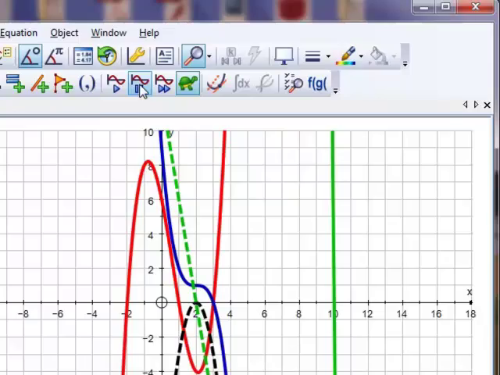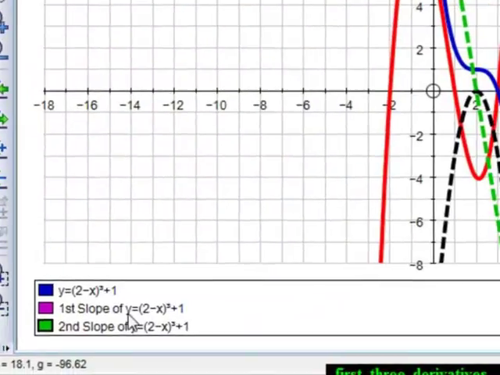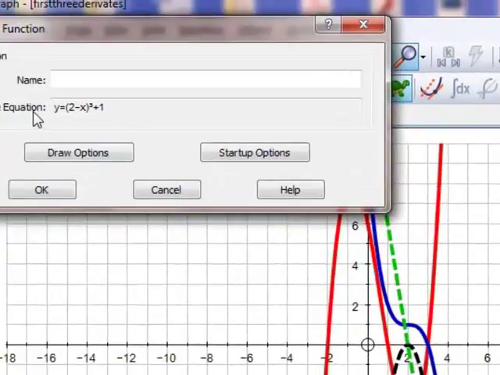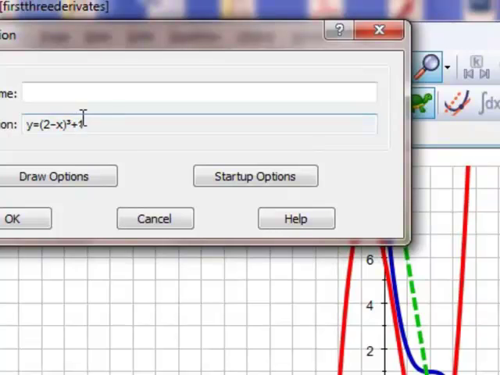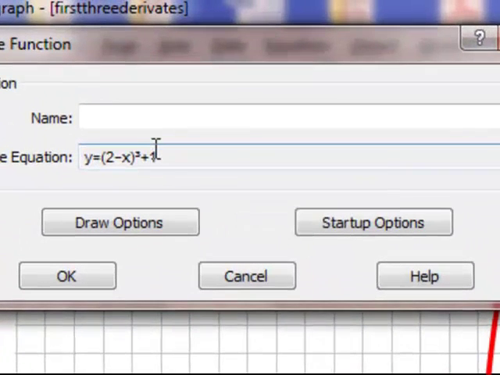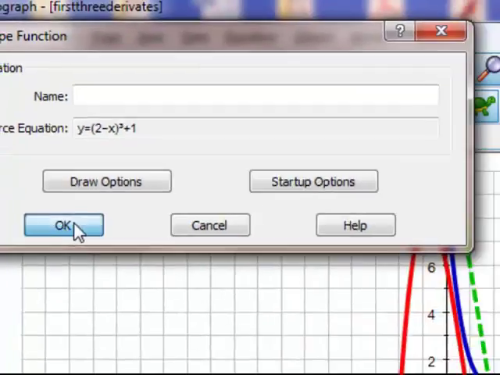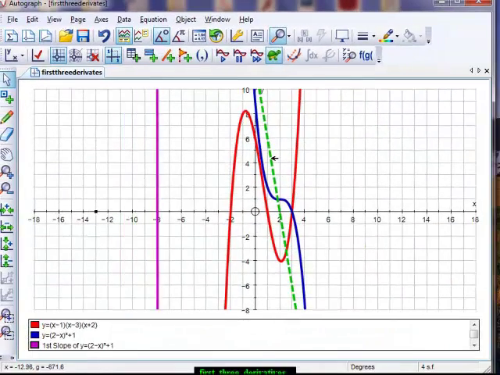So if we differentiate this function, first derivative, we're going to get minus 3 brackets 2 minus x all squared. If we differentiate again, what do we get? We get a straight line with a negative gradient, which is this green one here.